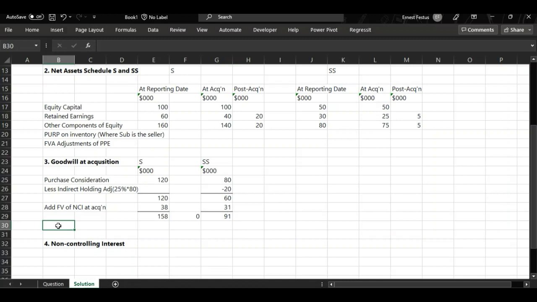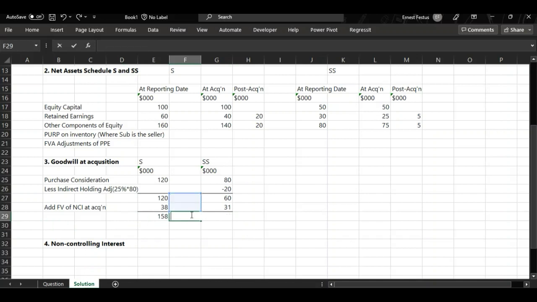Now I said that goodwill is the excess of the purchase consideration over the value of the net assets of a business. And so we have gotten our purchase consideration. The total purchase consideration is 158 and 91.